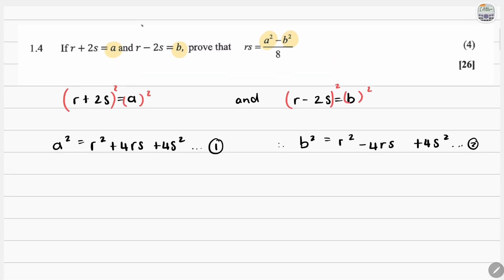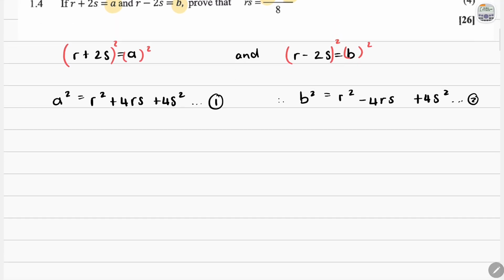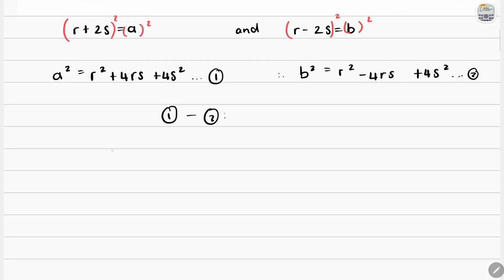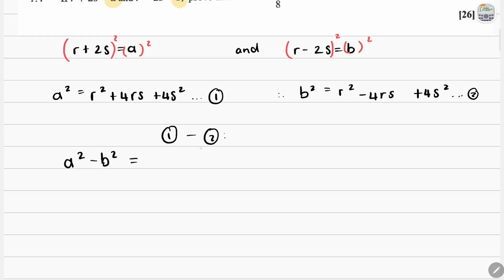And I'm simply going to say, because I can see it says a squared minus b squared, I'll say equation 1 minus equation 2. And let's go. So left-hand side minus left-hand side, so that's a squared minus b squared is equal to, and then right minus right. So that is r squared plus 4rs plus 4s squared.